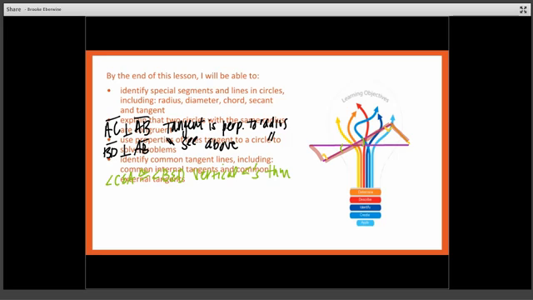And just to make it a little bit more complete, because I showed CAE and DBE both equaling 90, I'm just going to state that above. I'm going to say angle CAE must therefore be congruent to angle DBE because they are both right angles. Or you could use the right angle congruence theorem.